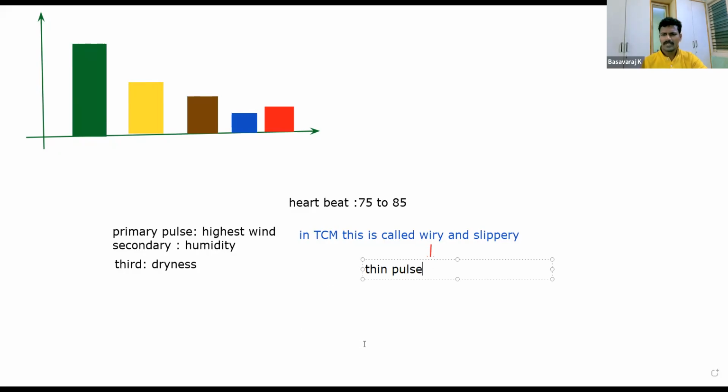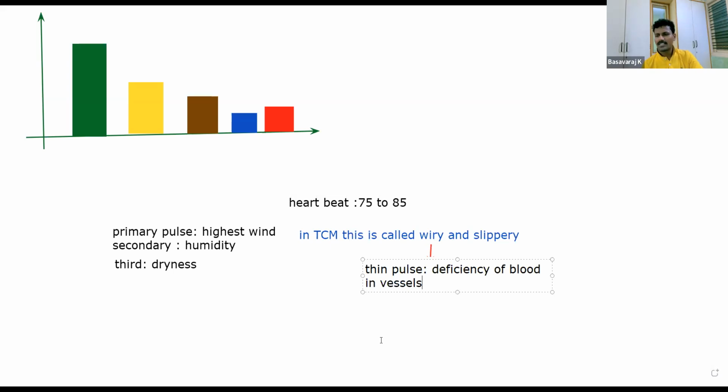What does a thin pulse indicate? It indicates deficiency of blood in vessels. This is quite a common pulse in kids, because kids are not completely grown. They are in the growing age, especially 0 to 12 years.